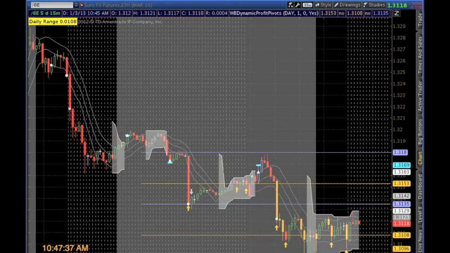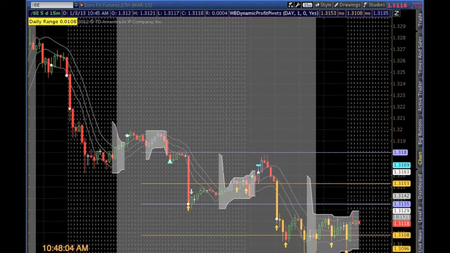The first thing you need to understand is the dynamic profit pivots are not regular pivot lines like you would find in any standard technical analysis charting software package. These are unique to my trading signals. I invented them, and the key point to understand is that they are in fact dynamic. That's why I named them that.